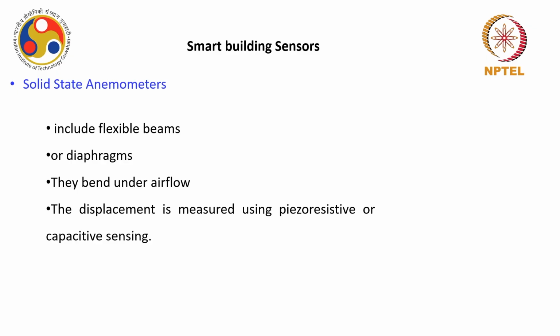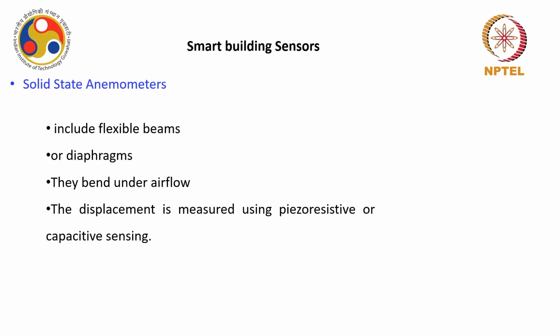Then another kind of MEMS based anemometers are the solid state anemometers, which include the flexible beams or the diaphragms which bend under the airflow. You know that on a silicon wafer it is not very difficult to etch out and make cantilevers.